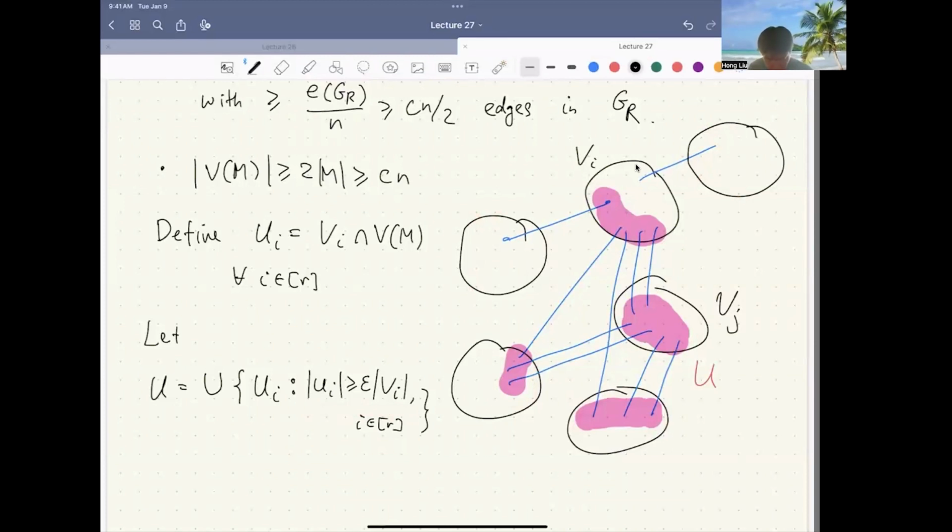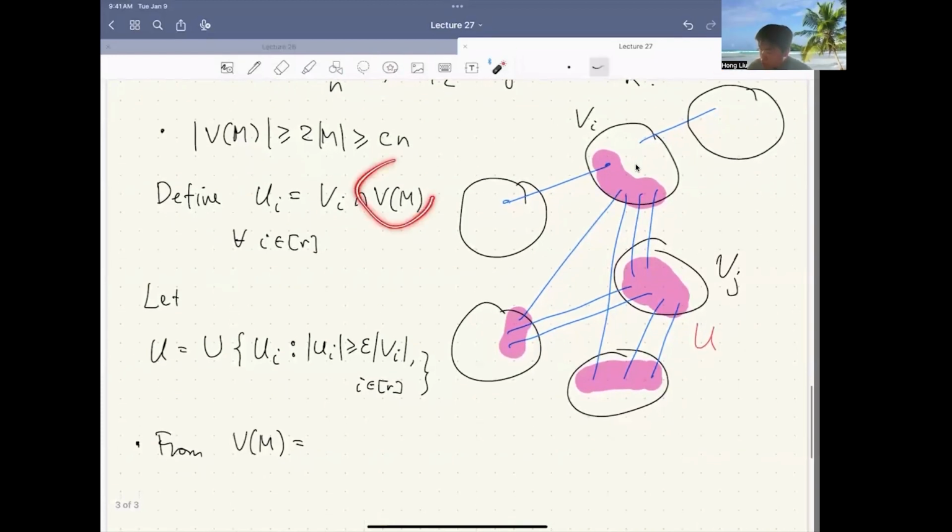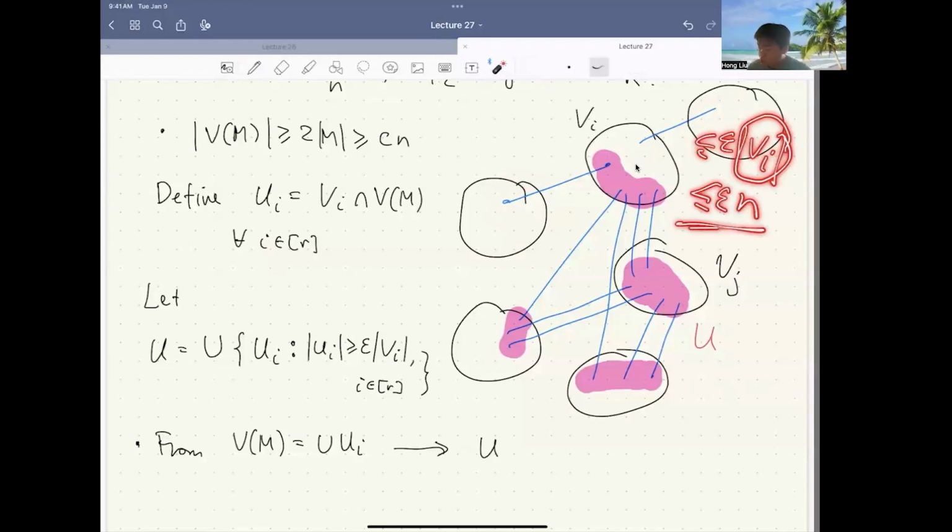We have all vertices of the matching, which is the union of all U_i. From the U_i to U, in this process, we throw away those U_i that are small. These take up at most an epsilon proportion of the small ones, and the union of all V_i is n. So the total number of vertices we throw away in this process is at most epsilon n.